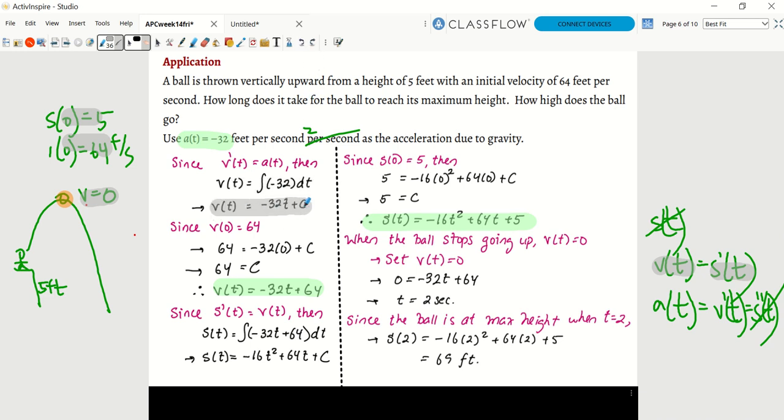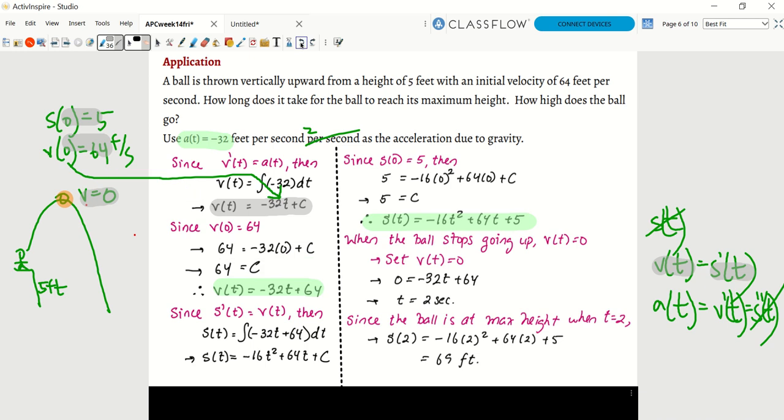So we're here now, and we're going to plug in 0. See, now we're going to revisit this that we stored in our back pocket over here, and we're going to plug in 0 for t, and we're going to plug in 64 for v of t, okay? And that brings us to here, and we solve backwards, and we get c equals 64, okay?